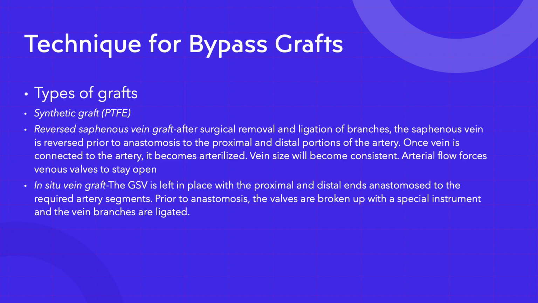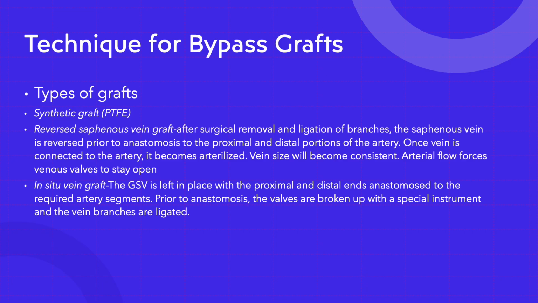For the previous case, they would hook it in somewhere maybe mid-distal SFA, bring it around the pop, hook it into distal pop after that stenosis or proximal PTA, and the flow in the artery will route around that stenosis. It's like if you're on the interstate and there's an accident, you get off the exit and take a back road and then get back on the interstate after the accident.